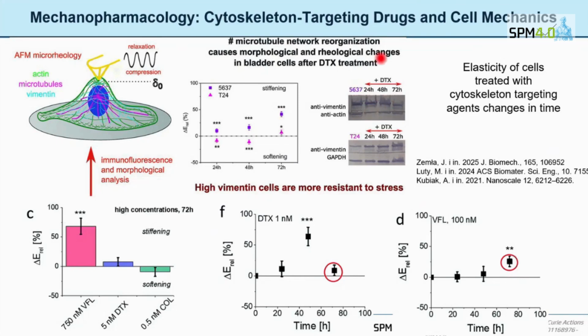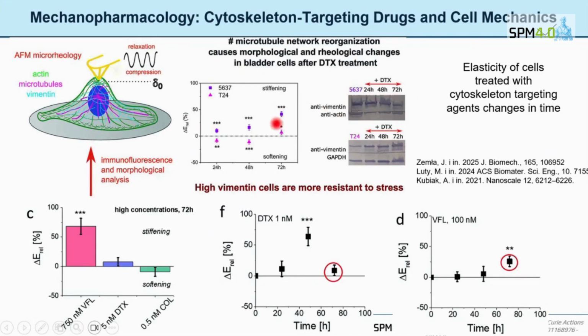Again, we studied two cell lines, transitional and low-grade cancer, and they were treated with Taxol, one of the microtubule targeting agents, and we observed that over time there were changes in the mechanical properties of these cells when exposed to the drug.